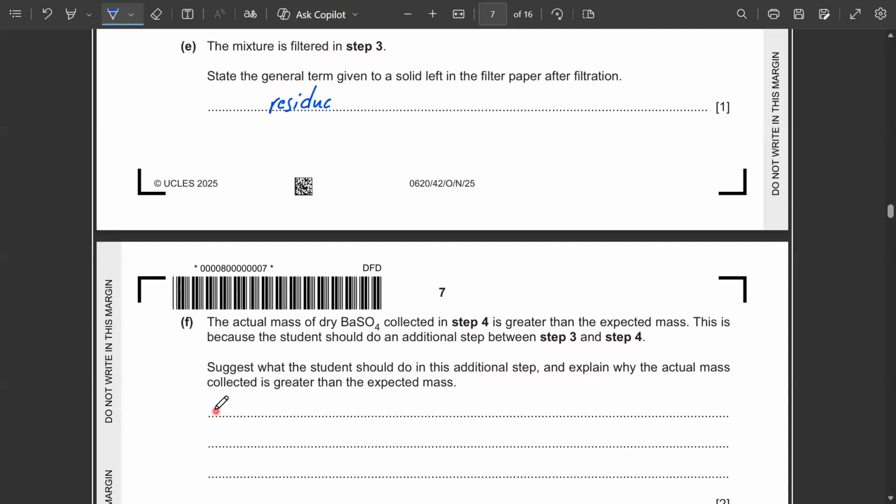We will say we rinse the mixture with distilled water, or more precisely, with cold distilled water. And also explain why the actual mass was greater than the expected mass.